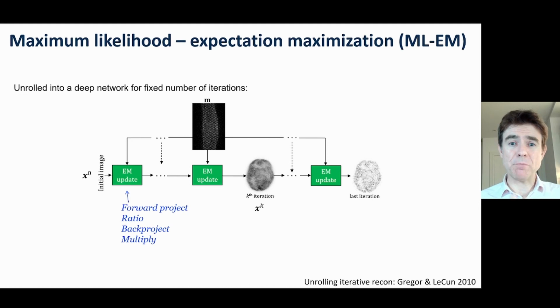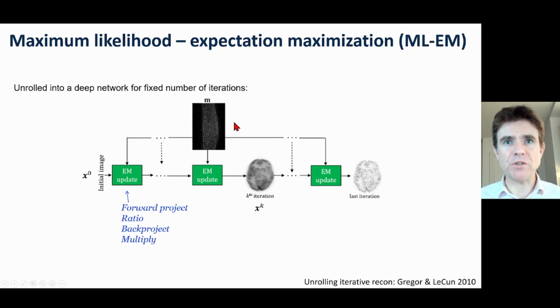So iterative reconstruction makes use of that more advanced physics modeling, and builds it into an expectation maximization update, which maximizes the Poisson log likelihood. I don't have time to cover those principles here, but all you need to understand is that we start off with an initial image and it goes through a very simple forward projection, ratio, back projection and multiplication many times to deliver some output image. And so this is like a cascade of operations that is nothing more than something like a deep network. And so what we'll be doing is building deep learning into that.